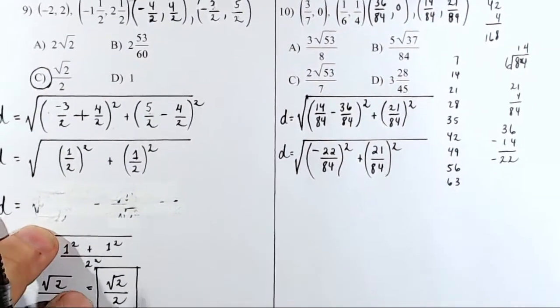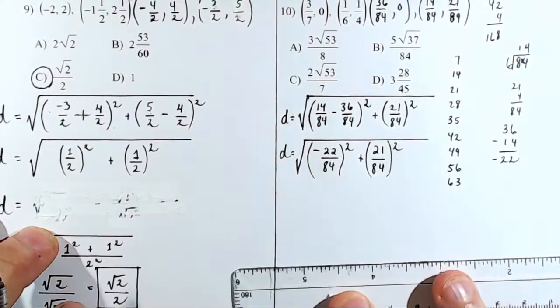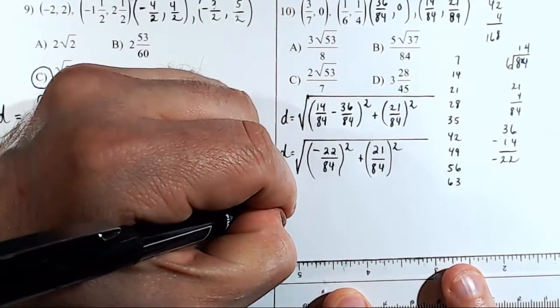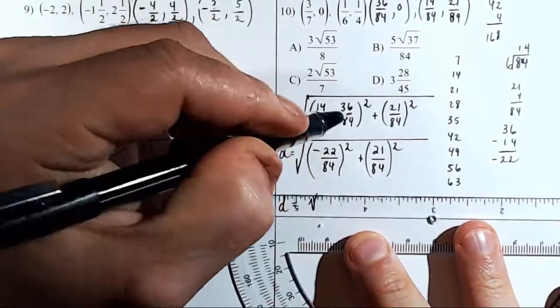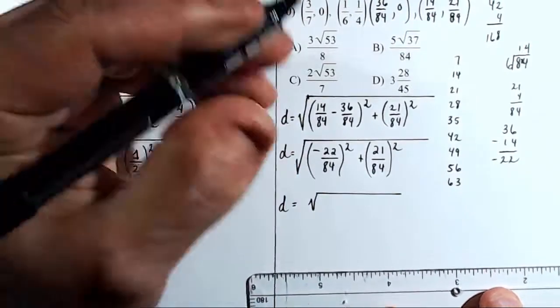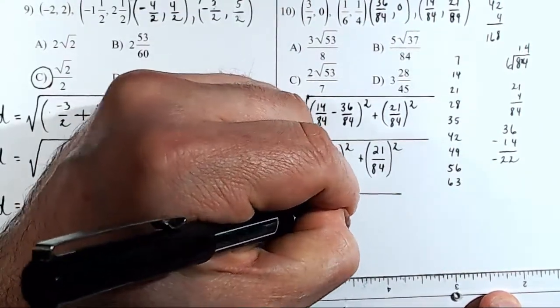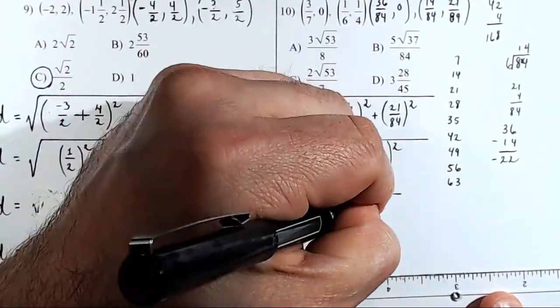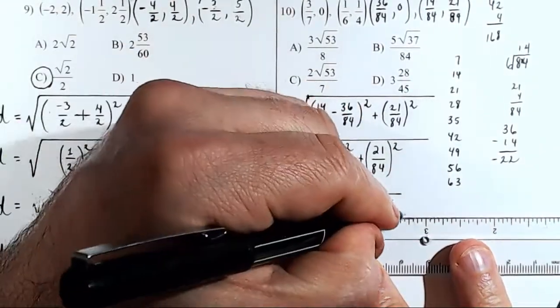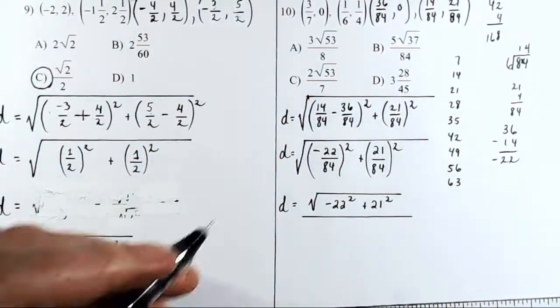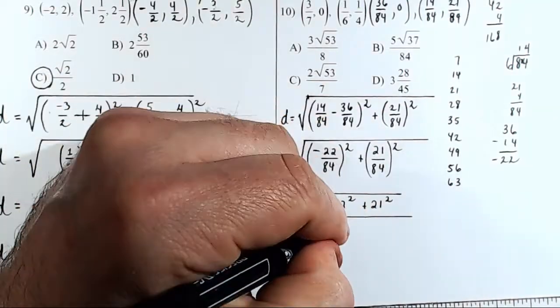Okay? All right, here we go. So that means D is equal to the square root of negative 22 squared plus 21 squared over, and then the square root of 84 squared is just 84.